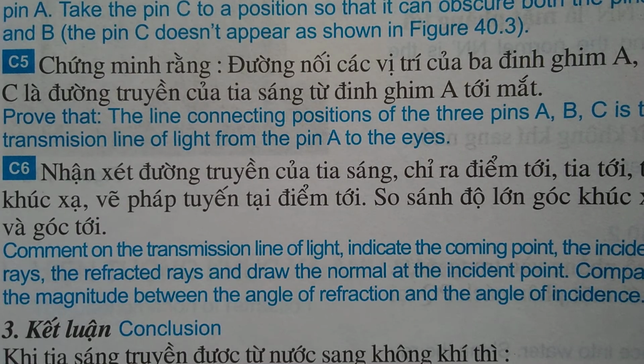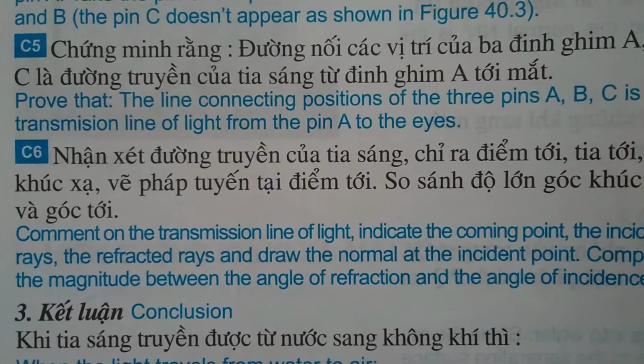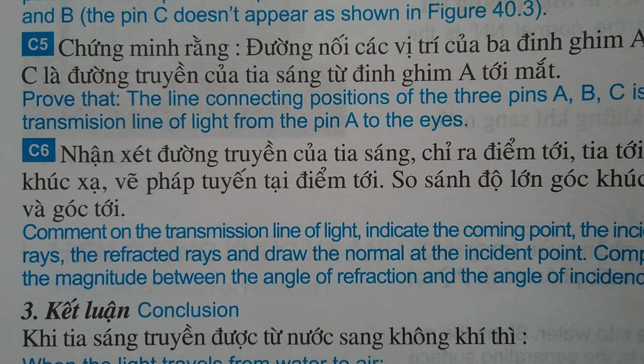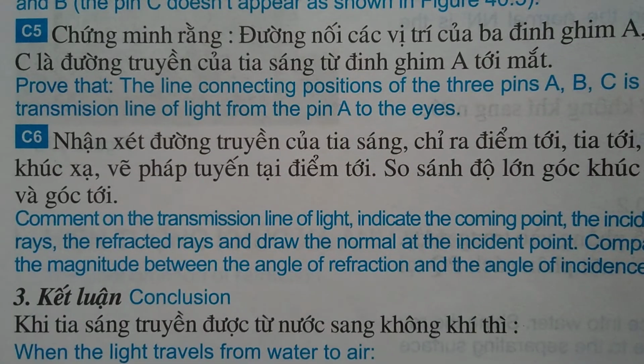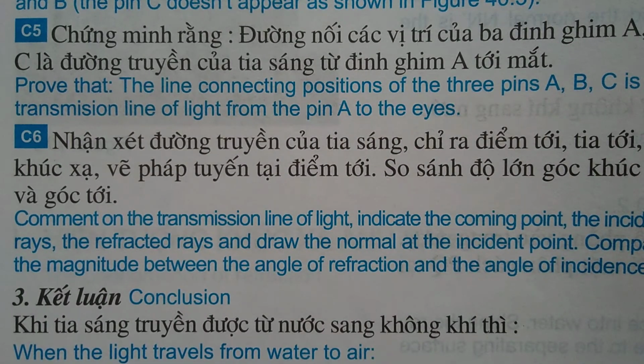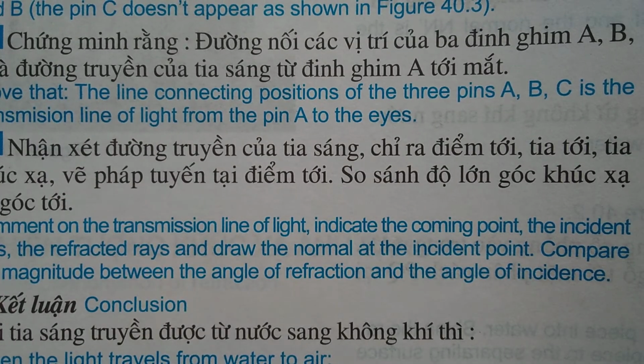Comment on the transmission line of light. Indicate the incident point, the incident rays, the refracted rays, and draw the normal at the incident point. Compare the magnitude between the angle of refraction and the angle of incidence.